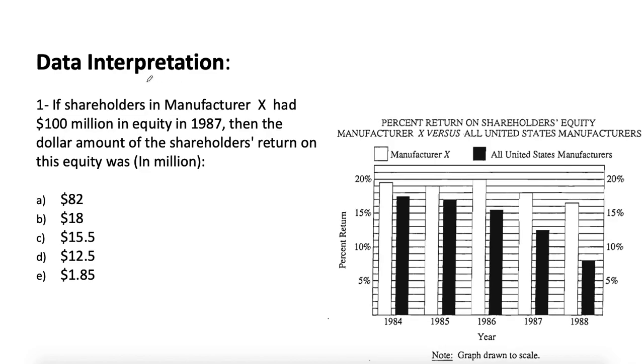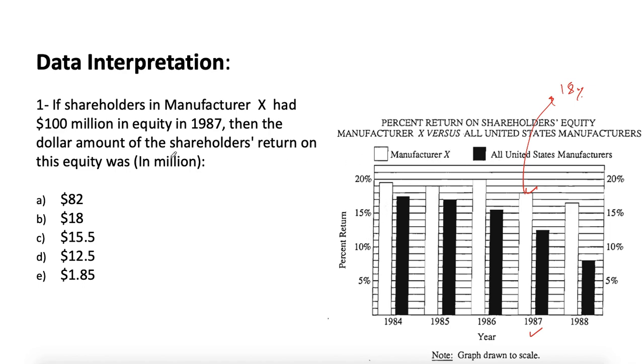So let's see the first one. If the shareholder in manufacturer X has 100 million in equity in 1987, asking for manufacturer X, and this is 15, 16, 17, this is 18%. So 18% return on shareholder equity.